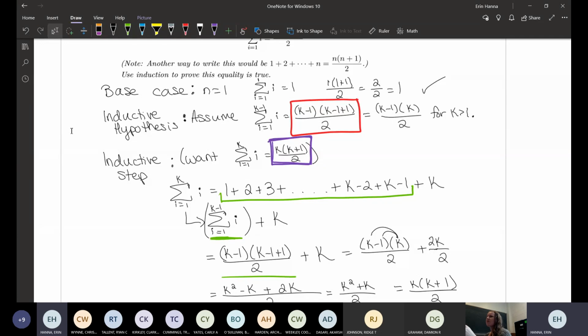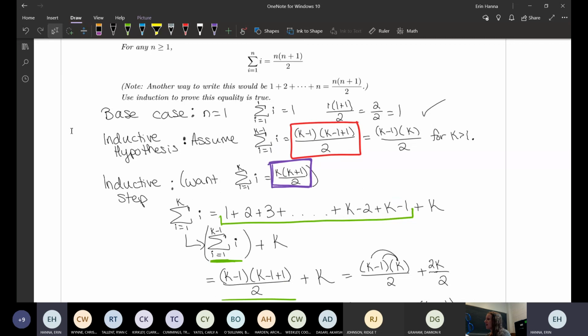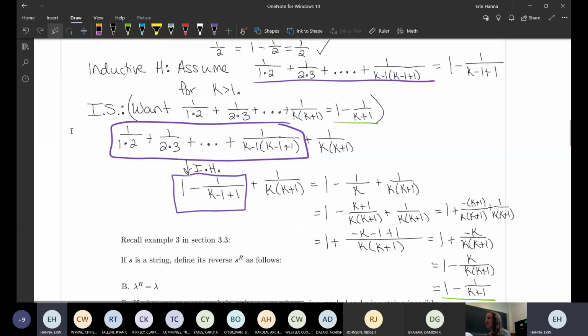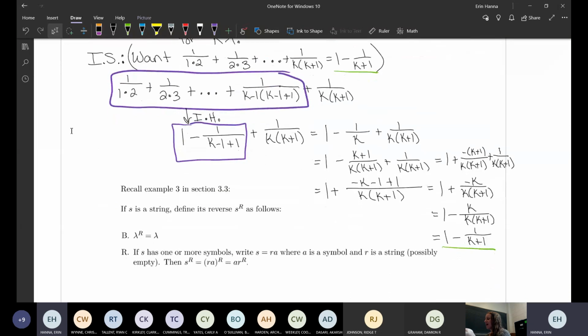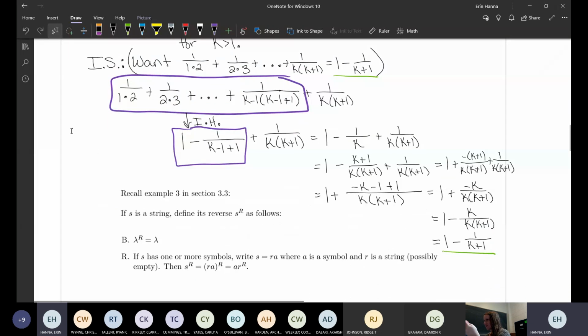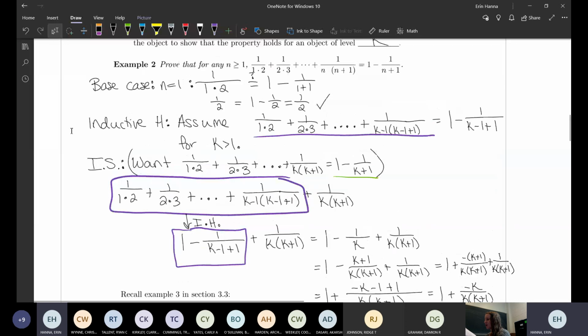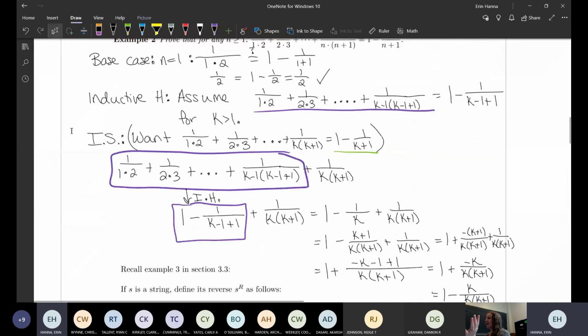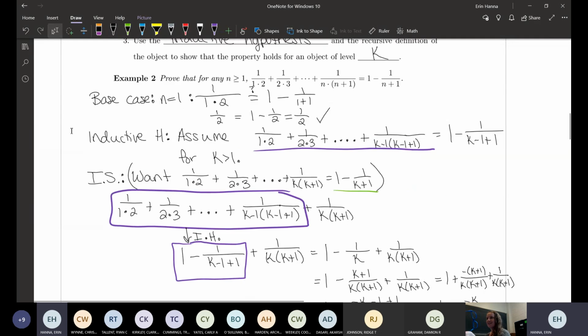What I mean by similar is that I have two things that I'm telling you are equal and you have to show me that they're equal, but the algebra shouldn't be as gross. So it's going to be more mathy than the string example, but not quite as horribly algebraic as 2.